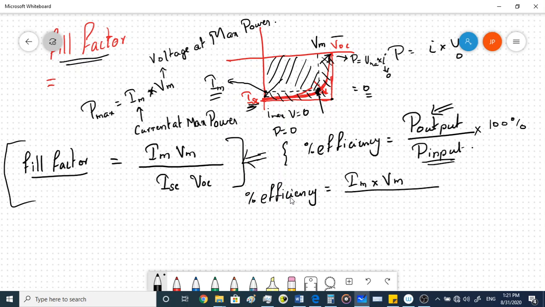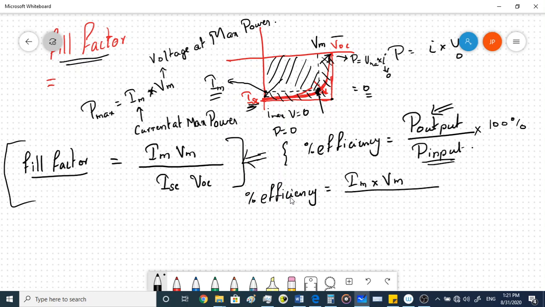Let's say if you're taking the solar spectrum, we already know the solar constant, 1367 watts per meter square.